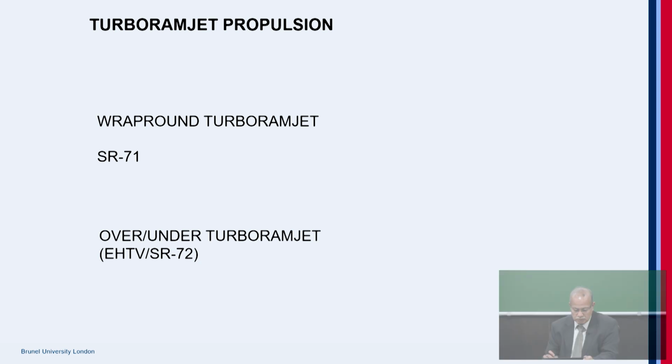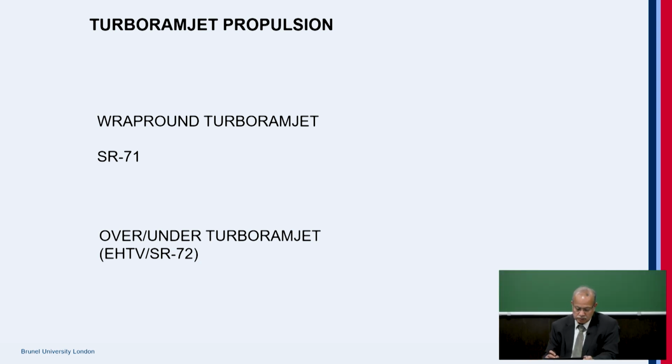Now, one of the ways to handle this is to go for a turbo ramjet propulsion, which could be operated from ground Mach 0 to go all the way to Mach 5. So turbo ramjet comes in two configurations, one under wraparound turbo ramjet or over-under layout turbo ramjet.